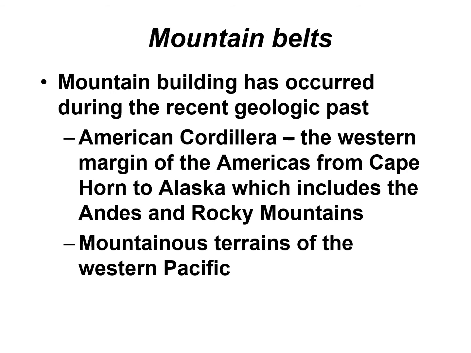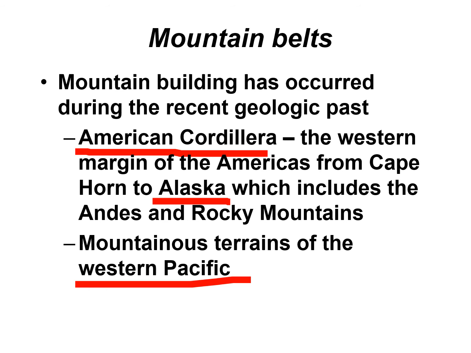Okay, so looking at different types of mountain building, we have lots of mountain building going on all around the Pacific Ocean. Over in the Americas, we have what's referred to as the American Cordillera, which most geologists lump in all the mountains from Alaska all the way down to Cape Horn in South America.